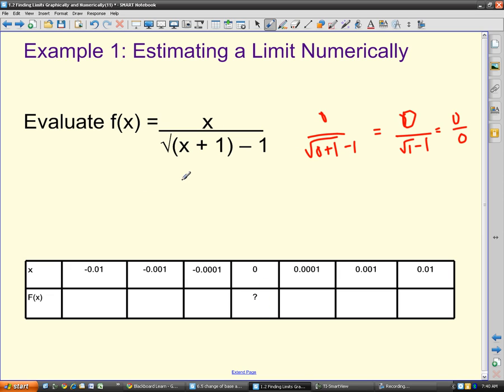And so basically we're going to plug these values into this function, and you'll notice the values get closer and closer to 0 as I go from either side. So I just need to figure out what's happening, and probably the best way to do this is to either graph this function up here and use the table, or just type this function in over and over again.